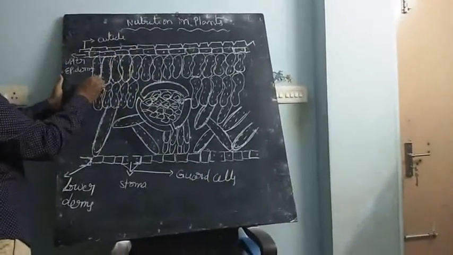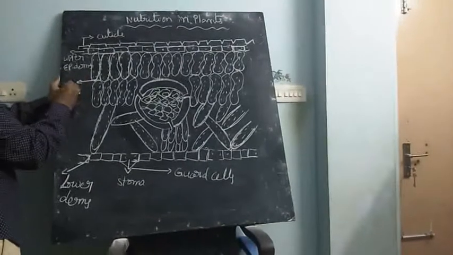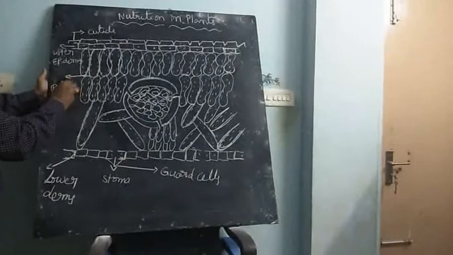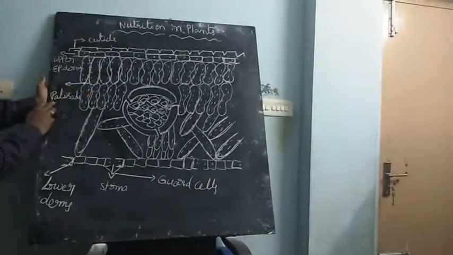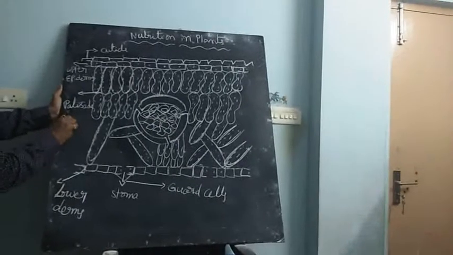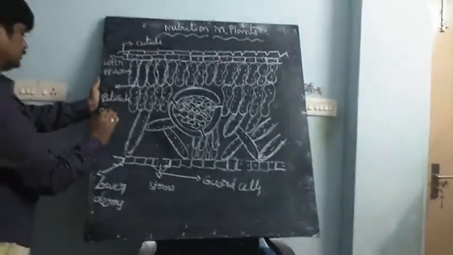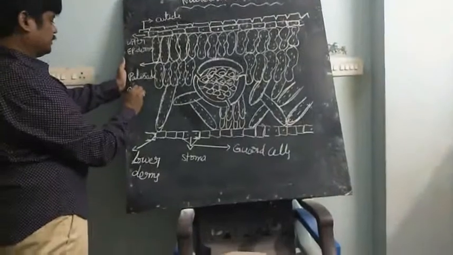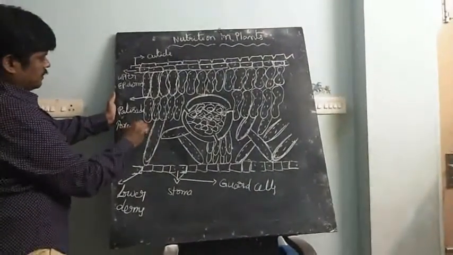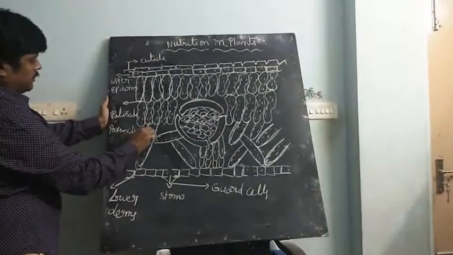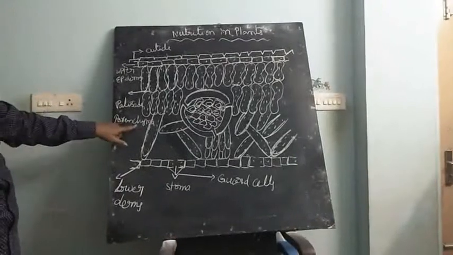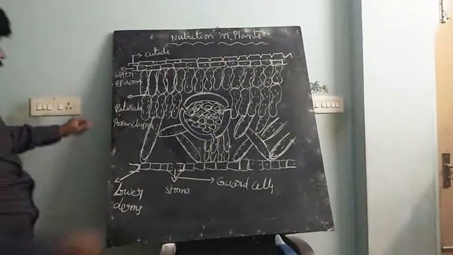In this section, the first rows are palisade parenchyma, P-A-L-I-S-A-D-E, palisade. Parenchyma, P-A-R-E-N-C-H-Y-M-A.